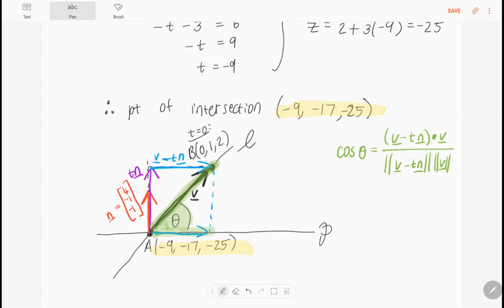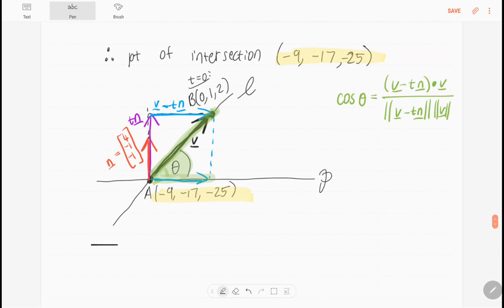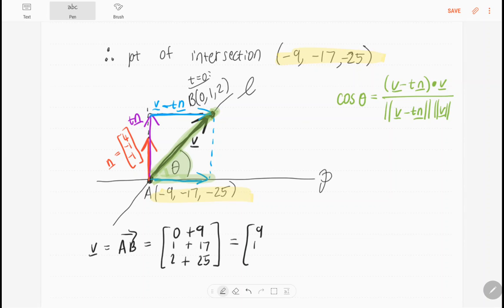Right. So firstly, we know we are going to need the vector v. The vector v is simply the vector from A to B. So it's going to be the components of B minus the components of A. So it's minus minus 9, then minus minus 17, and minus minus 25. That gives us (9, 18, 27).